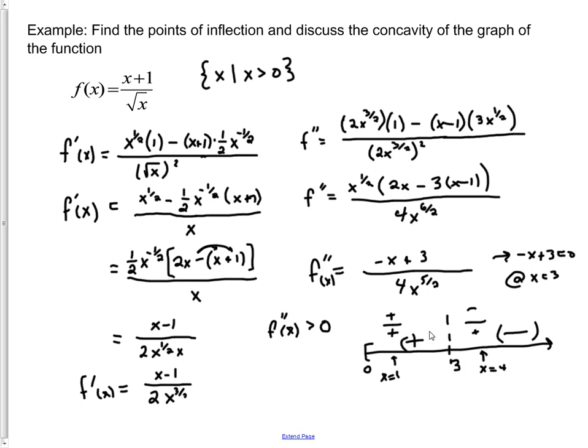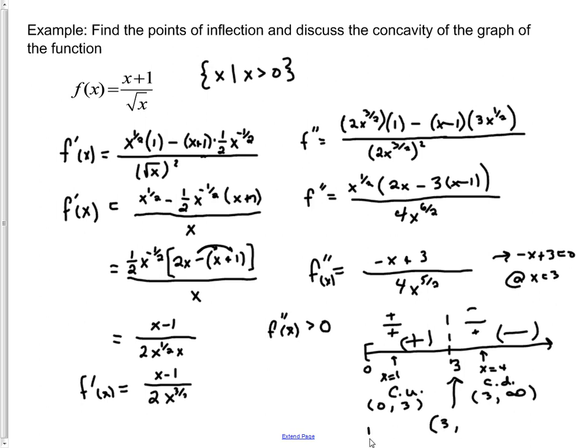So we've got a positive value all the way up to 3 and a negative value after 3. That means we have concave up shape here on the interval from 0 to 3, and then concave down from 3 to positive infinity. So it looks like we've got a change in concavity right here, and so we're going to get a point of inflection where x is equal to 3.